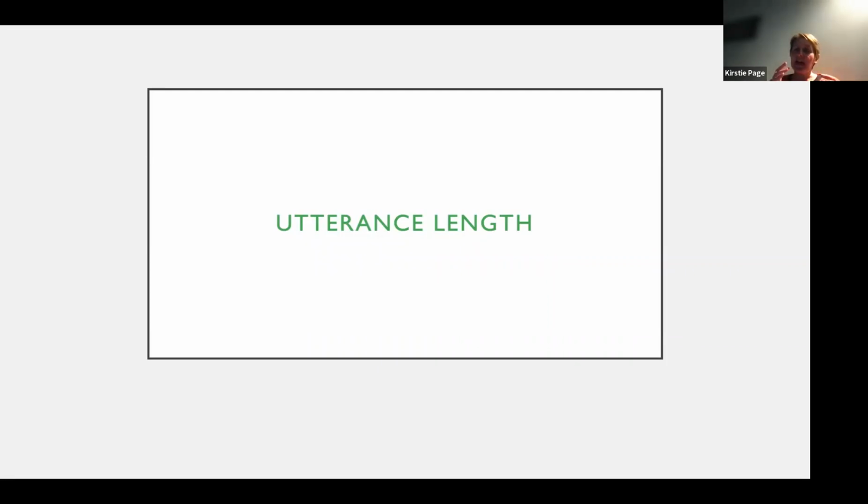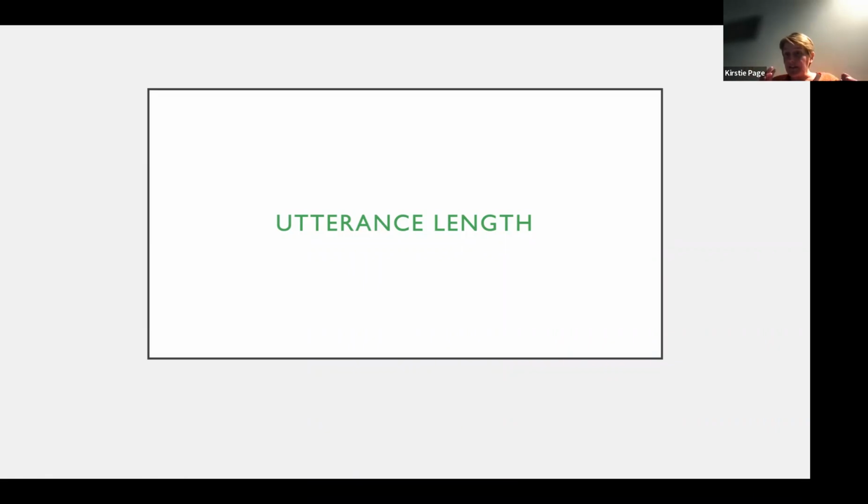But one thing that I'm also wanting to nurture as I move my children's skills on is the progression of utterance length over time. So when I'm thinking about children's expressive language, it can be useful to think about, when it comes to early sentences, three main things I'm wanting to listen out for.